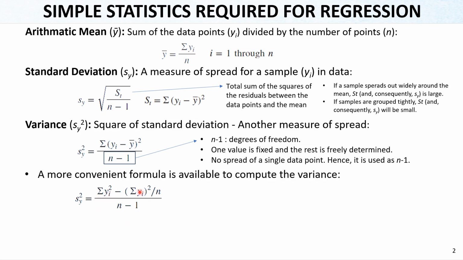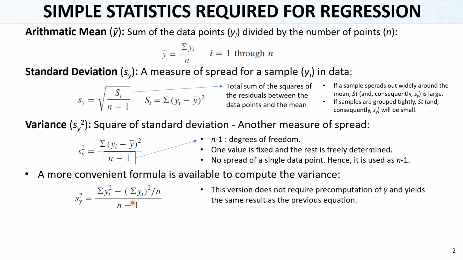Then we also have the sum of the data and the square of it divided by n, and it's divided by n minus 1. So these two will give the same result. You can check that. But the calculations are more efficient here. It doesn't require pre-computation of the mean value actually. Here you don't need to calculate the mean, but here you can see it's similar to the mean, so you make this calculation.